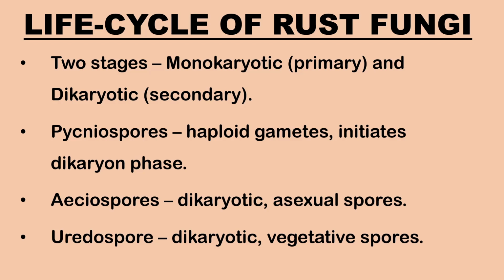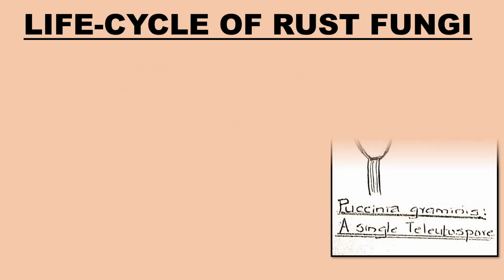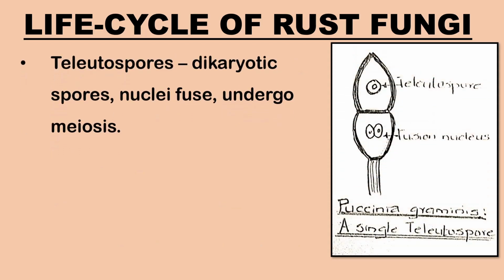They grow well in humid conditions and at temperatures between 15 degrees to 25 degrees Celsius. Infection occurs within a few hours or within a short period. Teliospores are dikaryotic spores. The nuclei of the dikaryon fuse and undergo meiosis.